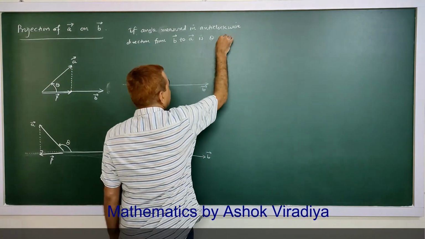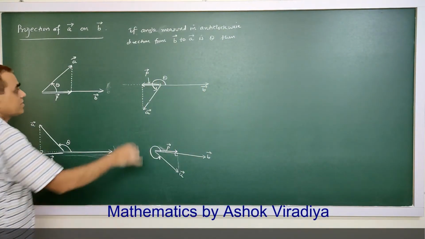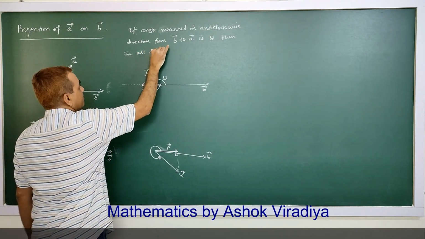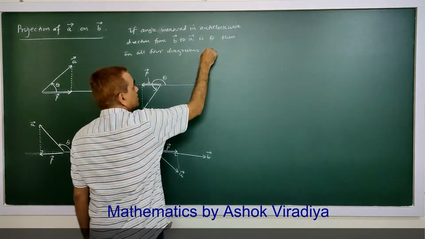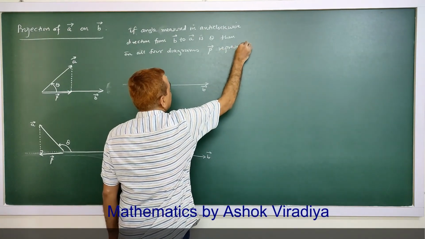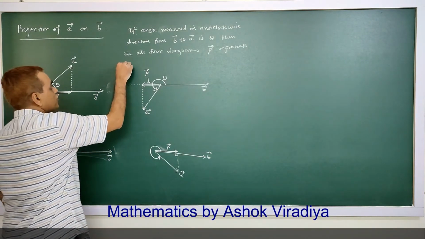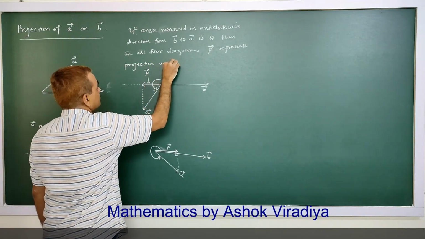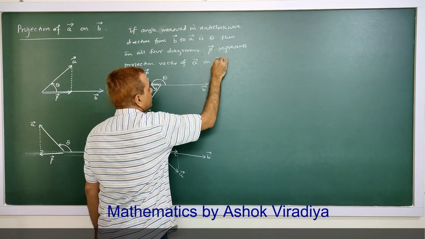Then in all four diagrams, this vector P bar represents the projection vector of A bar on B bar.